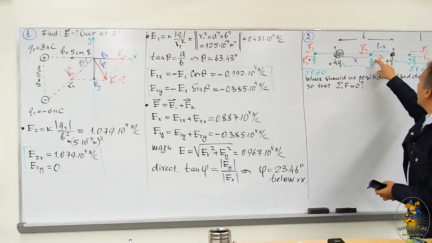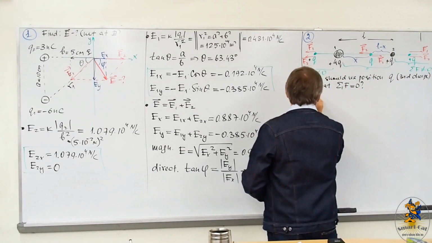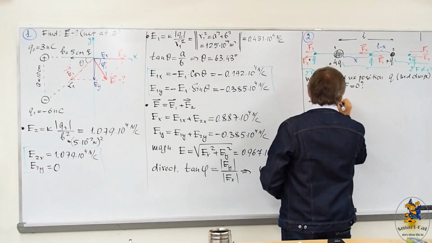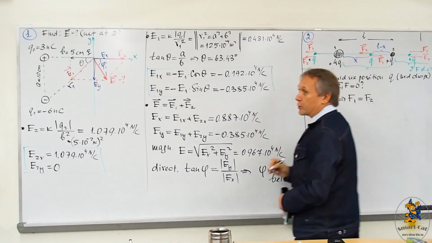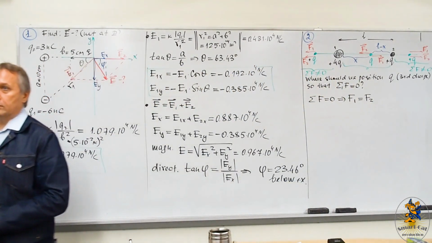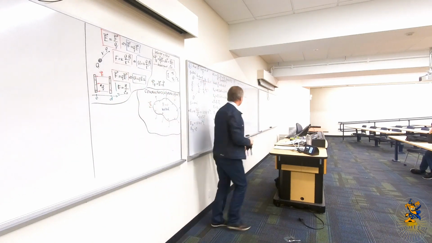Okay. So now F1 must be equal to F2 at that point. Since we want to satisfy that, it means that the absolute value of F1 must be equal to F2. Point charges, so of course we can use Coulomb's law.